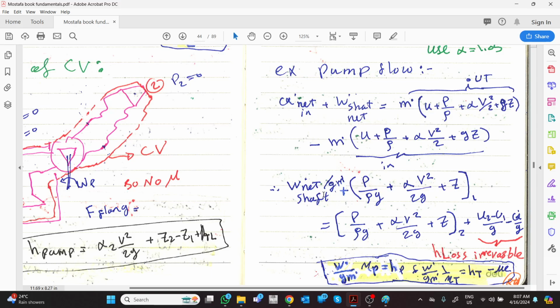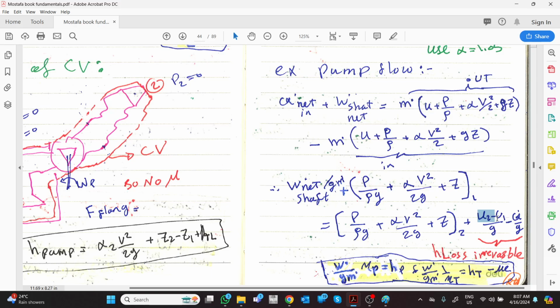So work plus pressure energy, kinetic energy with correction factor, plus potential energy, equal to work plus this one, equal to after the pump the pressure energy, velocity energy with correction factor and z, which is potential energy, plus the loss in the internal energy.